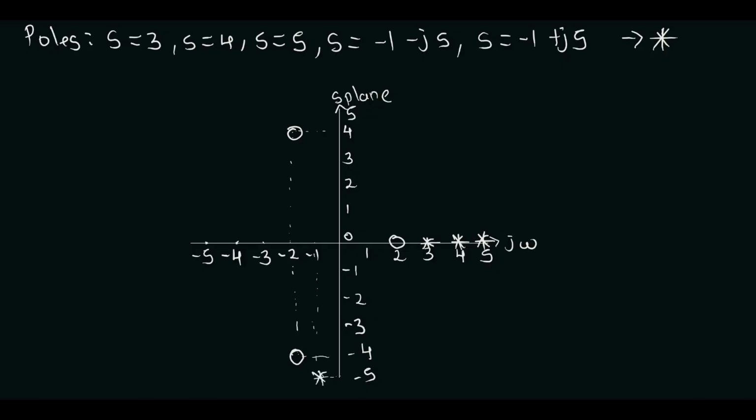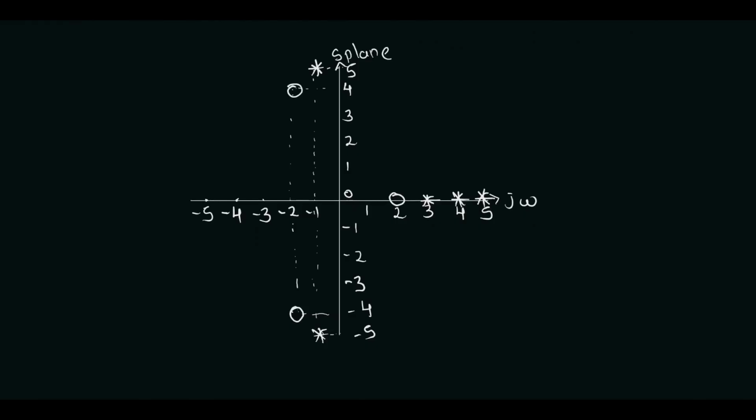Then we trace this one. So this right here is your pole-zero map. That's your final answer.